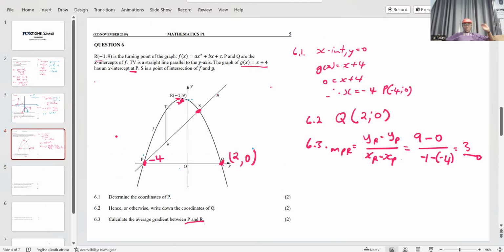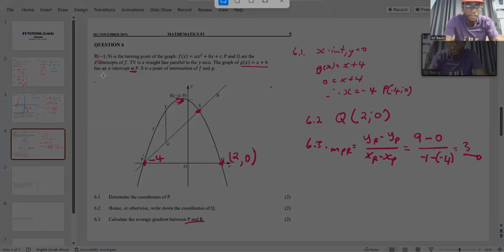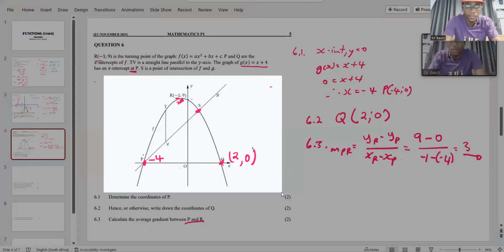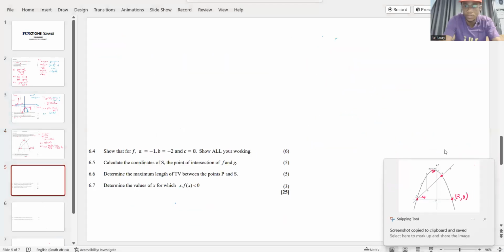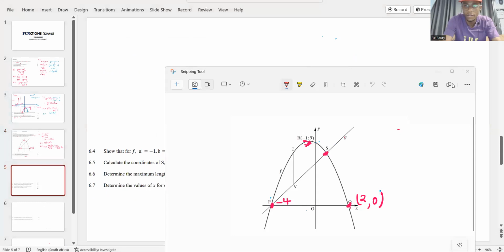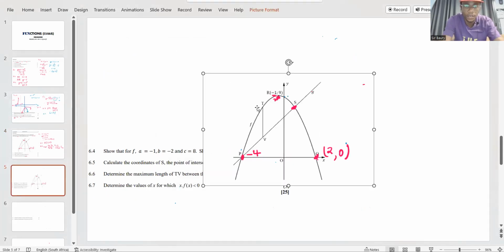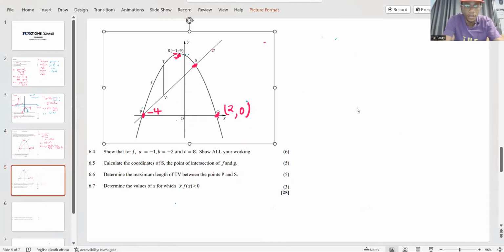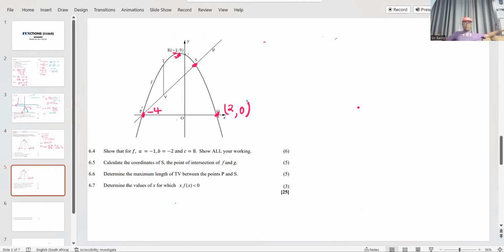All right, so just make space here. Okay, so show that a is equal to -1, b is equal to -2, and c equals 8.